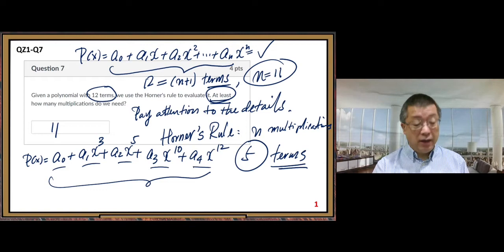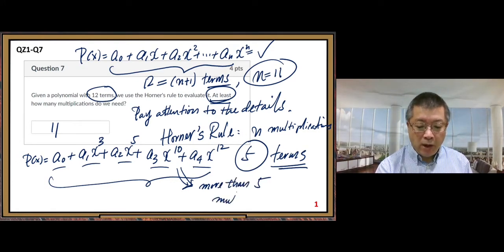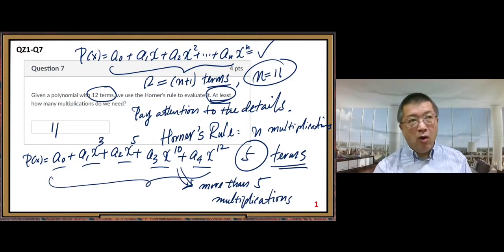When you do multiplication, you need more than 5 multiplications. So that's why, to be more precise, I use this "at least." At least this many. You may need more than that.